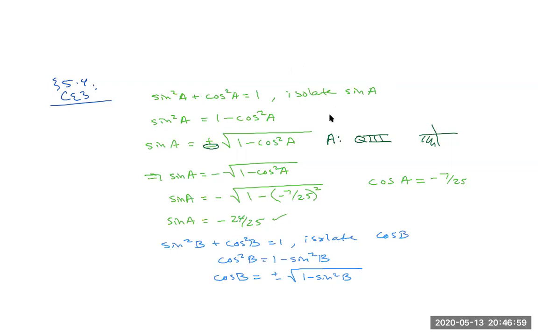Remember that angle B is located in Q4. So cosine should be positive in Q4. So we have cosine B equals positive square root of 1 minus sine squared B.